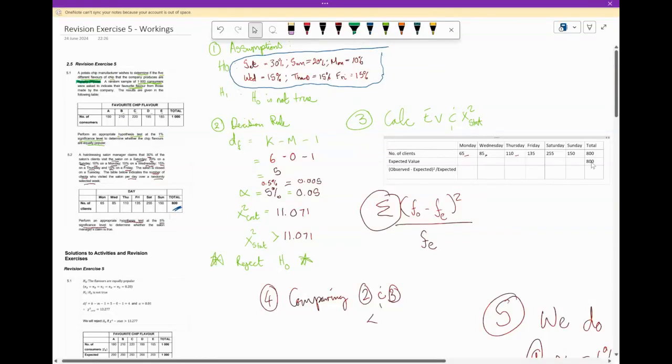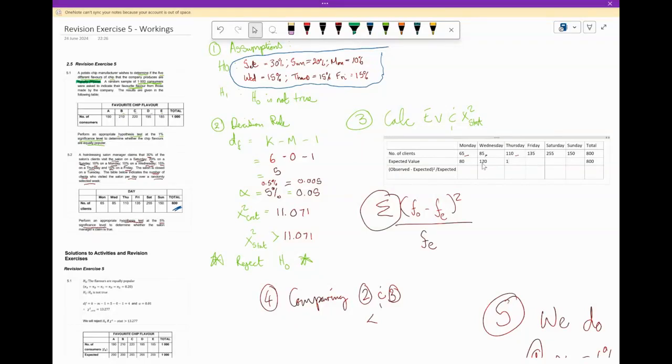So here, 800. 10% of 800, you'll get 80. Is it 10% on Monday? Yes, 10% is on Monday. On Wednesday, 15%, so that should be 120.